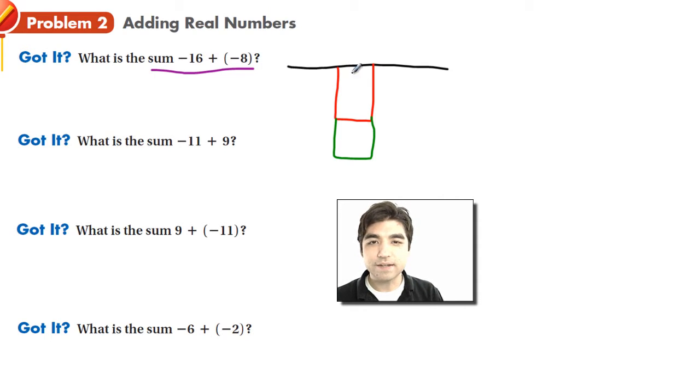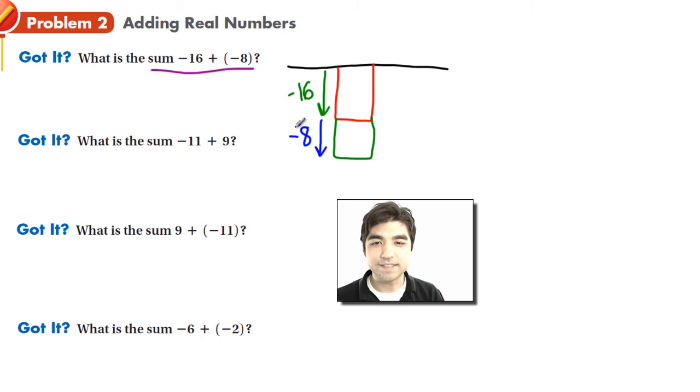So you dig a hole, this is the ground, and you dig a hole negative 16 feet down. Then you come back a little bit later, and you dig another plus negative 8 feet. So then you dig another 8 feet down. So how deep would your hole be altogether?